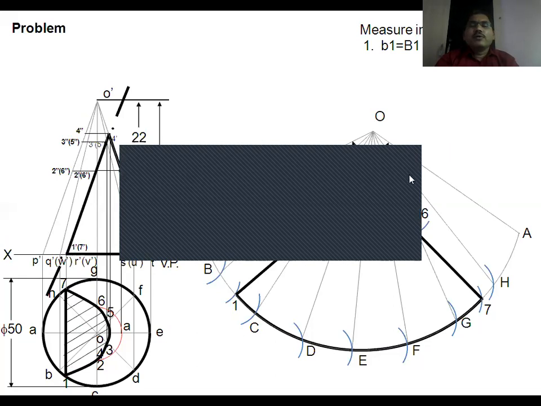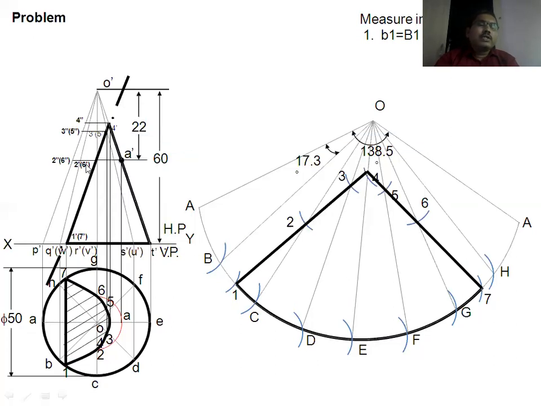So mark these points, name these points, then 2'. Now 2' is on this, and 6' is on the center generator, the vertical generator.